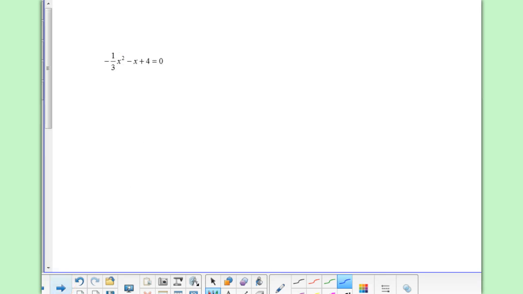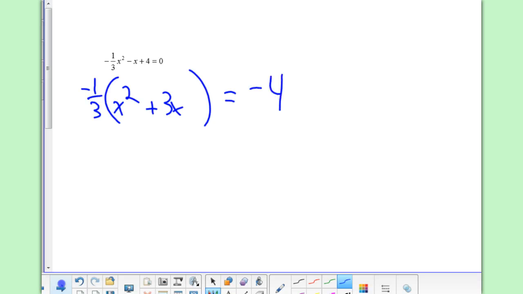In this one, again, fractions are your best friend. So we need to factor out a -1/3. We've talked about that a few times this semester already. I take out a -1/3, and taking out 1/3 is like multiplying by -3. So this would be x squared plus 3x is equal to -4. I need to complete that square, so I will divide by 2 and square, so this will be plus 9 over 4.